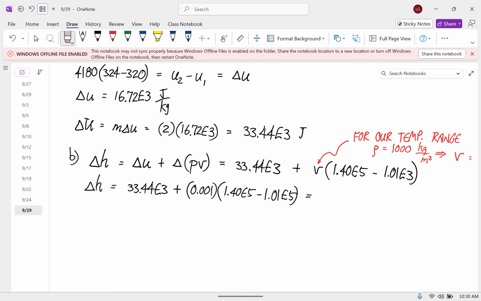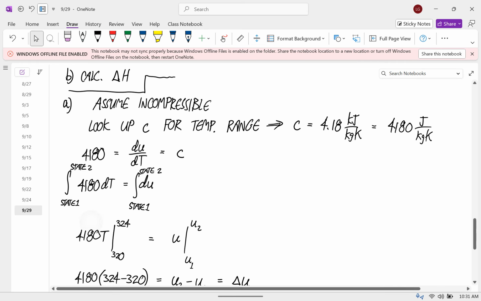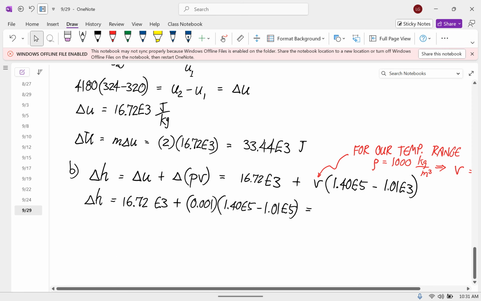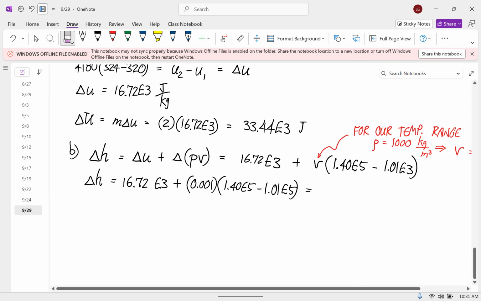I used the extensive internal energy here instead of the specific. So this should have been 16.72. This should be 16.72. Professor? Yeah. Is the starting pressure 1.01 E3 or E5? I think it said E5. Did I write it as E3? E5. Yeah.